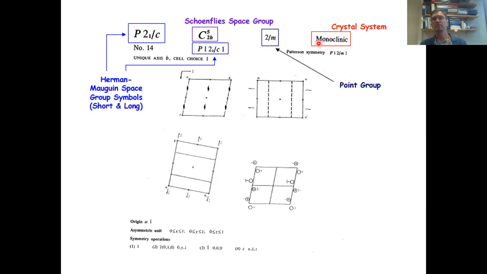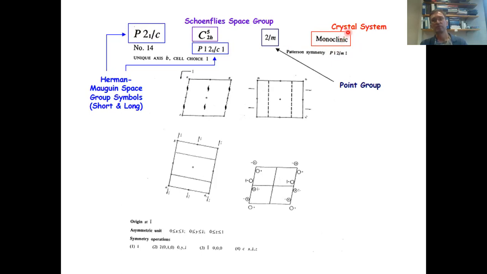So you see here the Bravais lattice associated with the unit cell. In this space group, we have a monoclinic unit cell associated with it, which is primitive necessarily.